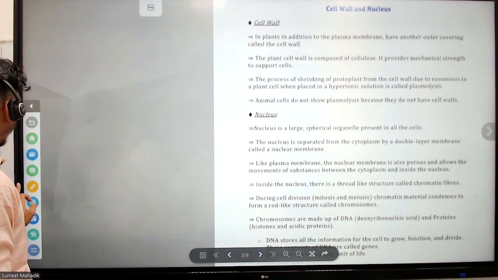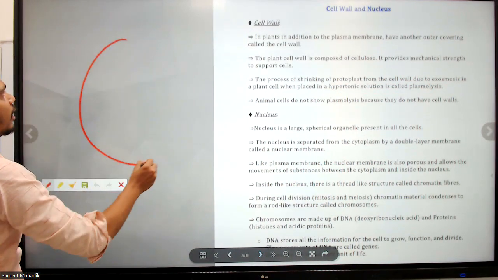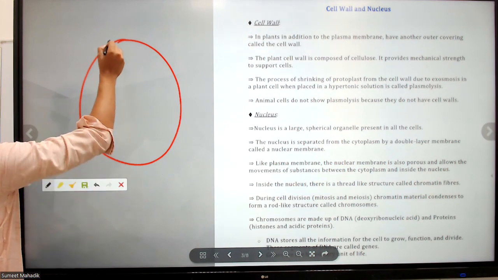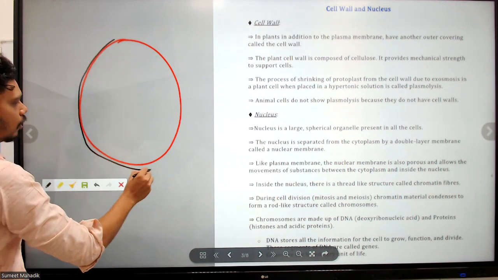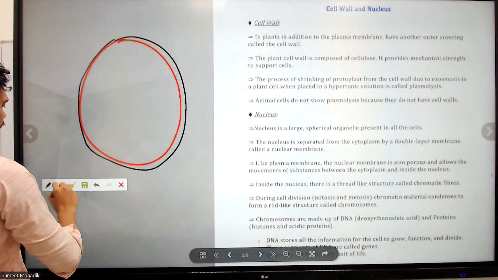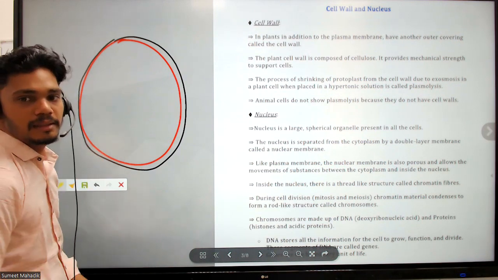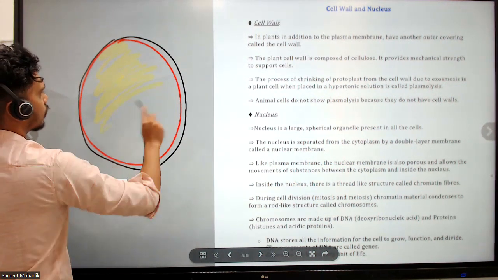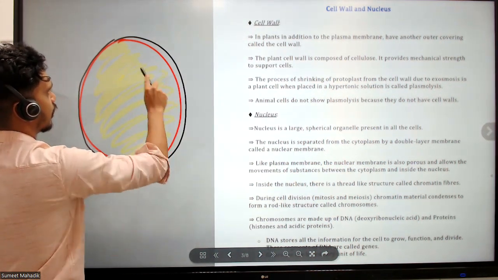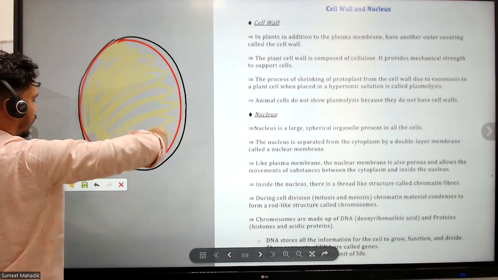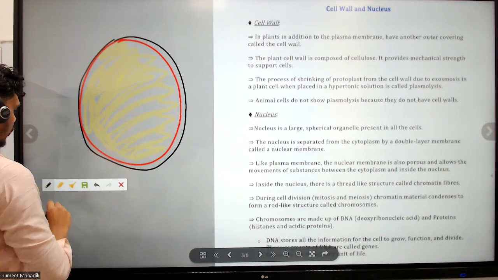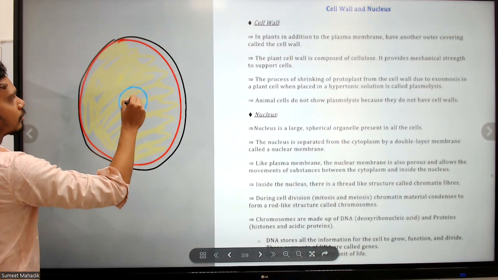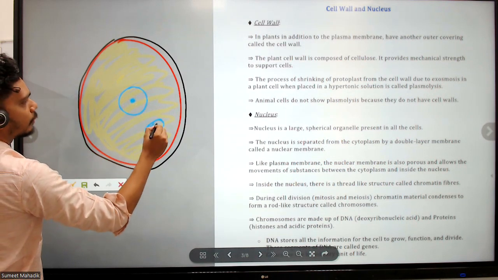Okay. I will tell you one more thing that is very important. This is a cell, right? And this is a cell wall. Now, inside the cell, there is something present that is called cytoplasm. But there is one more thing. Suppose I'm drawing the nucleus over here. Here a mitochondria will be there.